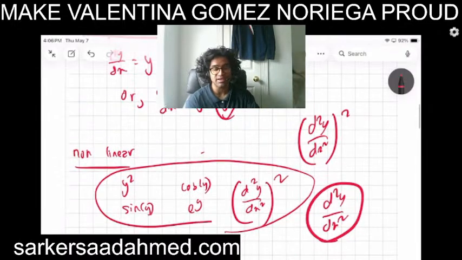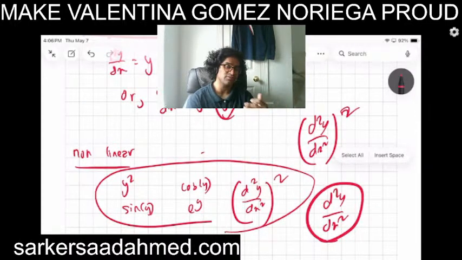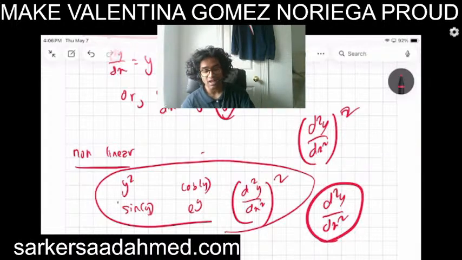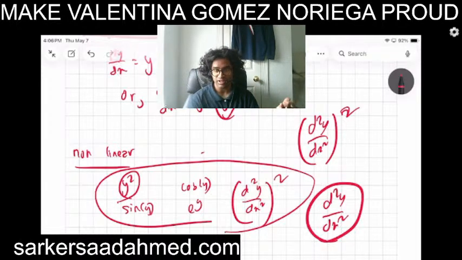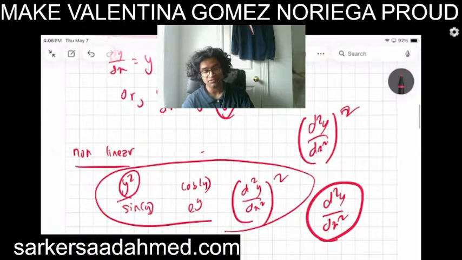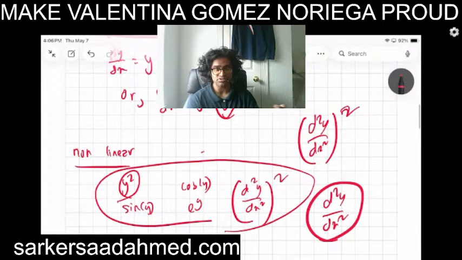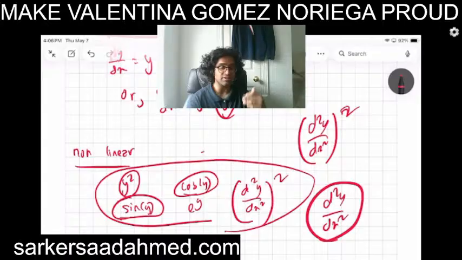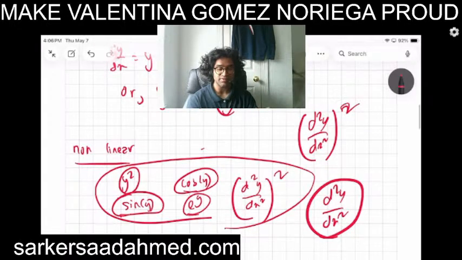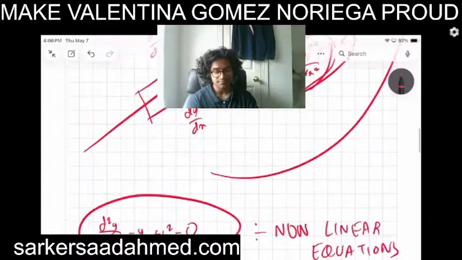That won't make the equation linear. In fact, it's going to make it nonlinear. If I have y square, that will be nonlinear. That's going to change the graph. If I have sine y, cosine of y, or e to the power y, that is also going to change the graph. If it changes the graph or the behavior of the equation, that ends up nonlinear.